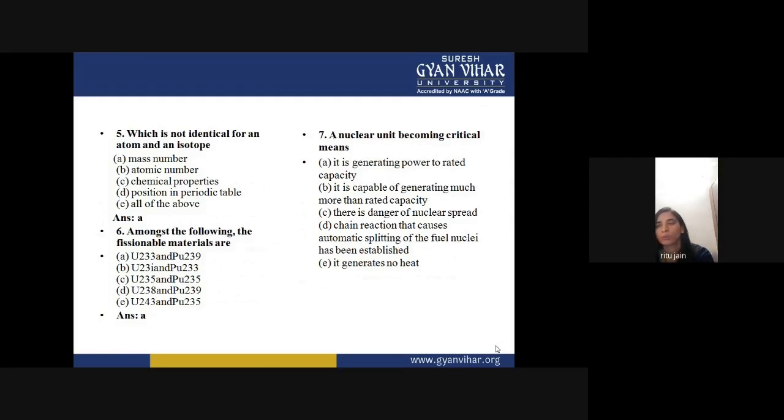In a nuclear power plant, when a chain reaction occurs, so much heat is generated, and there is a danger of nuclear spread. So the more critical part is that there is a danger of nuclear spread.